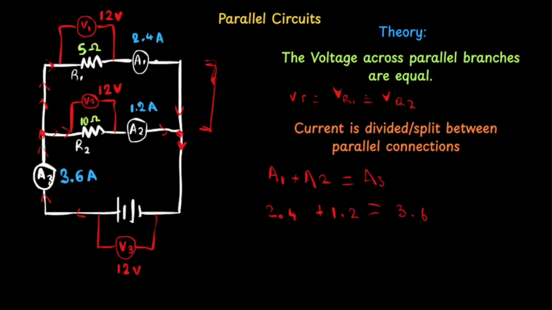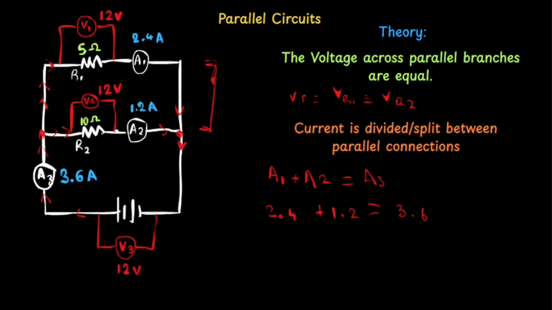So in order for me to calculate the current running through the first branch containing resistor R1, I would simply take the voltage across resistor R1 divided by the resistance of resistor R1, which is 12 divided by 5, and I would obtain 2.4 amperes. In order for me to calculate the current flowing through resistor R2, I would take the voltage across resistor R2 divided by the resistance of resistor R2, and I would obtain the current flowing through resistor R2.